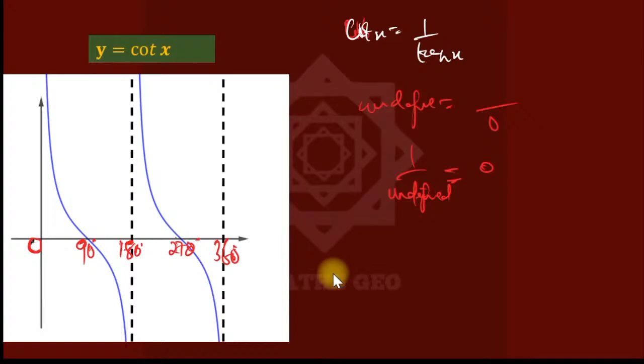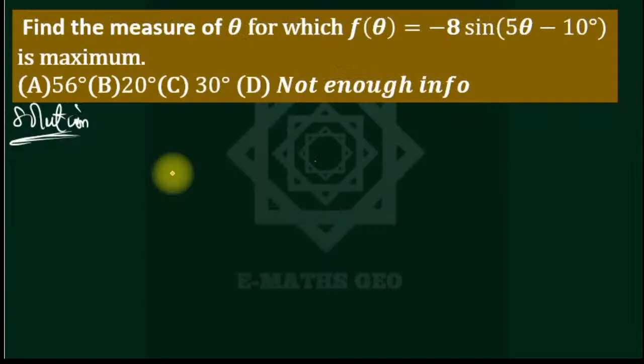First of all, we should know that the sine of any angle must be between 1 and -1. So the minimum is -1, the maximum is 1. For this to be maximum, this should be negative, because if it's positive, the answer is negative.